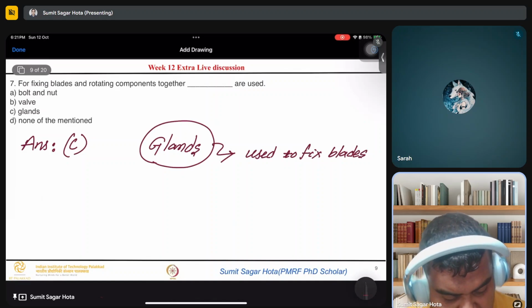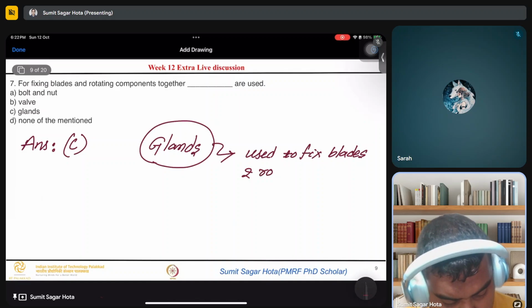They are used to fix blades and rotating components together.